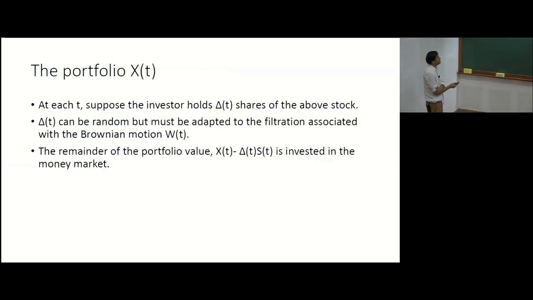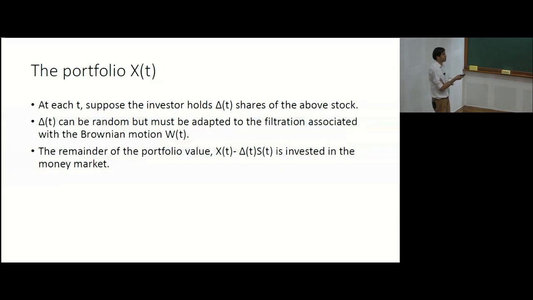So at each point of time t, let's assume that the investor holds delta t units of the stock. So it's a function of time. You will be changing the number of units of stock you are holding at every time interval. This process delta t will look similar to the process we had seen earlier on, right? This discontinuous process, which is constant between time intervals.